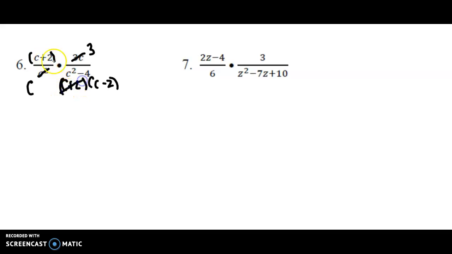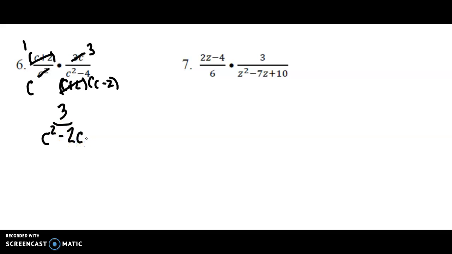So I can divide them both by c plus 2. For this one, I'm left with 1, and for this one, I'm left with c minus 2. Now I can multiply. 1 times 3 is 3. C times c minus 2, again, I'm going to distribute. It's going to be c squared minus 2c.